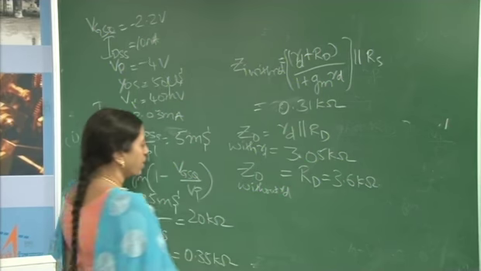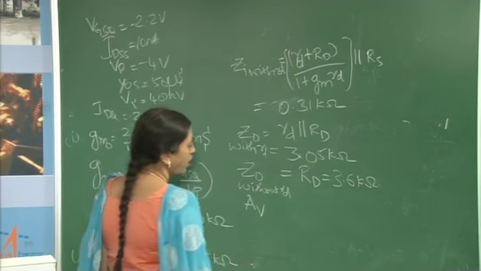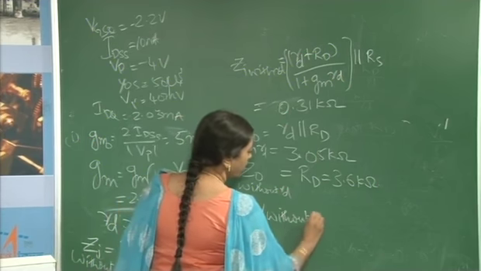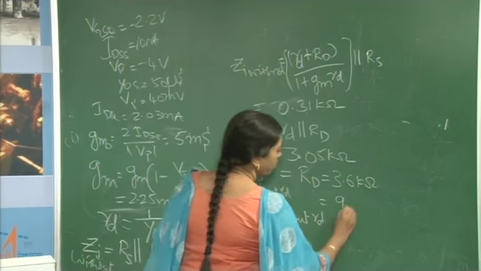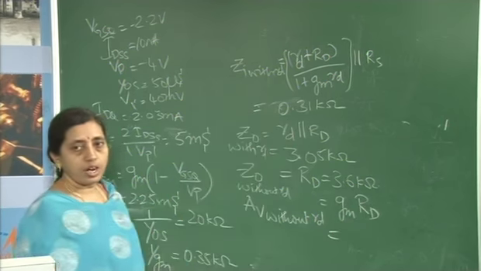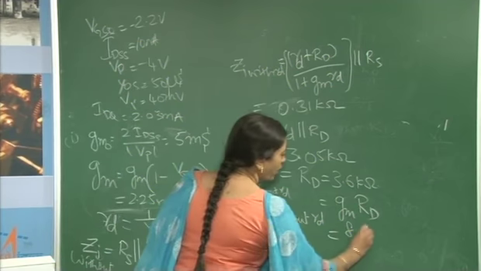On similar lines, we have to find out what is the value of Av. Without rd, it is gm into RD. This comes to around 8.1.